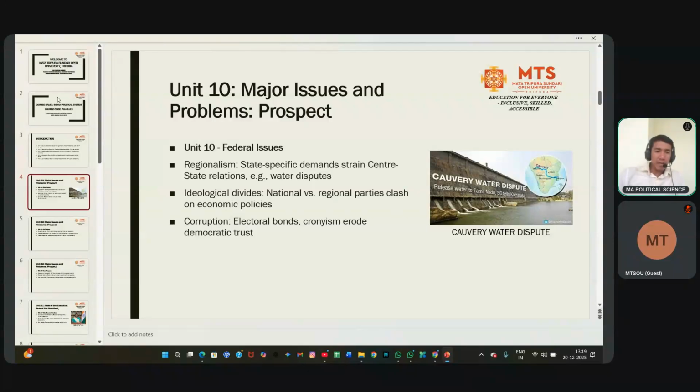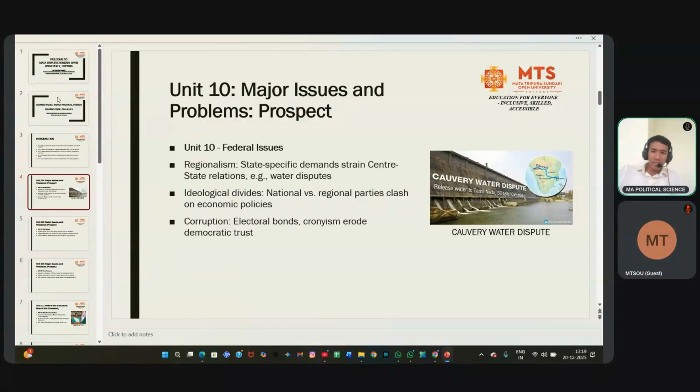Meghalaya may have a separate demand, Tripura may have a separate demand, Assam may have a separate demand, Arunachal may have a separate demand, Gujarat, Maharashtra, any state for that matter, we all have separate demands. Due to that, sometimes center-state relation is not so good because the center is not able to provide everything. It's not possible for the center to provide every demand to every state.